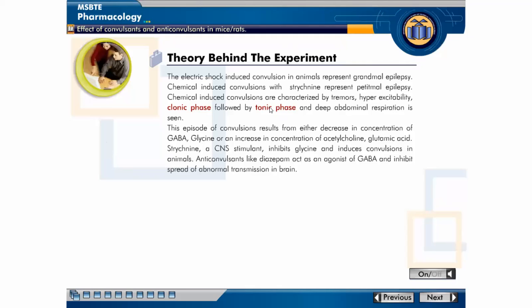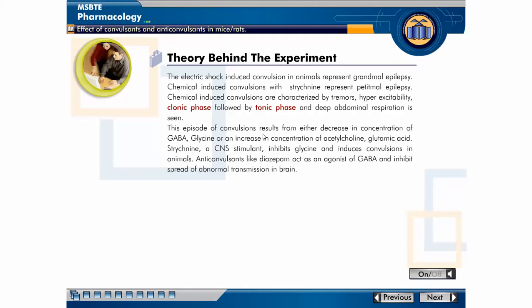Chemically produced convulsion or epilepsy is characterized by tremors, hyperexcitability, clonic phase followed by tonic phase, and deep abdominal respiration, meaning there are disturbances in respiration. Hyperexcitability means hyperactivity, that is behavioral change, and tremors are related to seizures, that is involuntary movements. So these symptoms are observed when convulsion is produced by using a chemical.